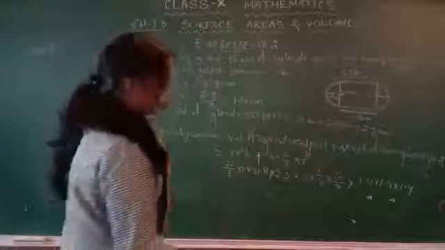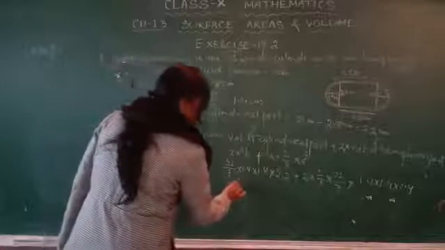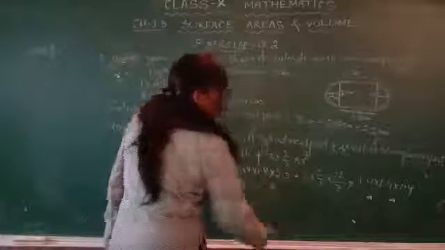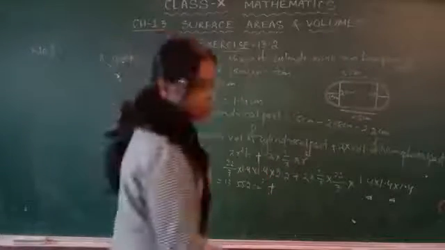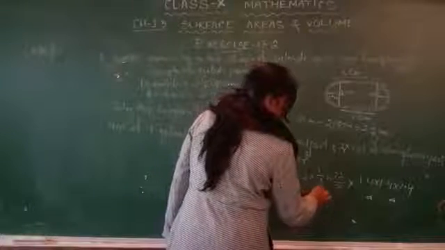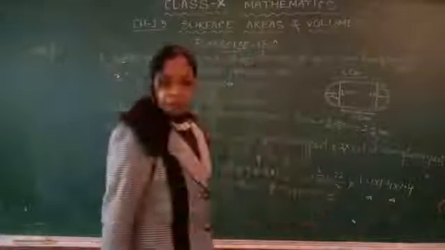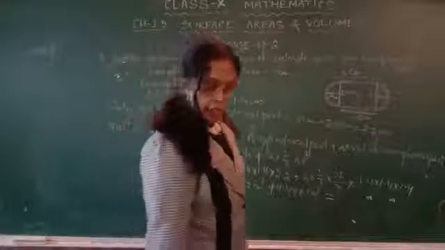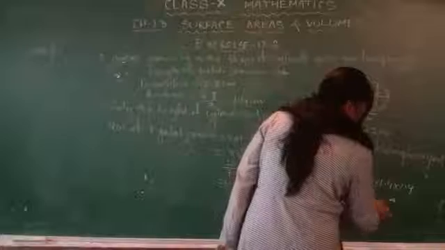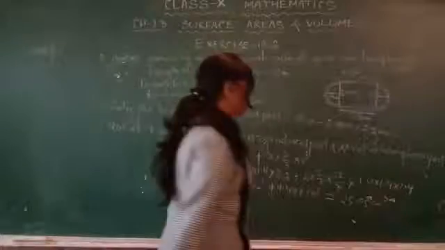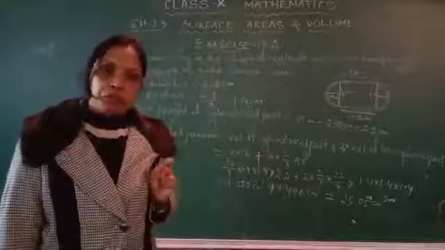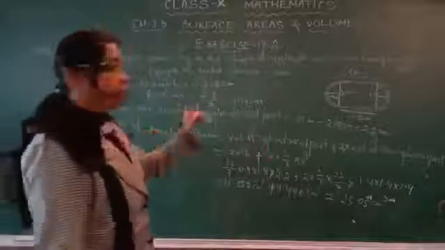So that is equal to how much? Now 13.552 centimeter cube plus 11.498 centimeter cube, that is equal to 25.05 centimeter cube. This is the volume of each gulab jamun, that means the volume of one gulab jamun.